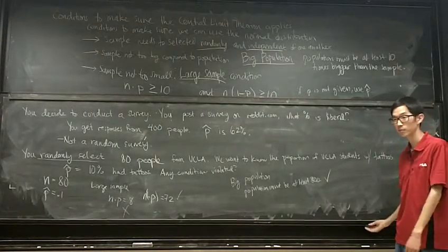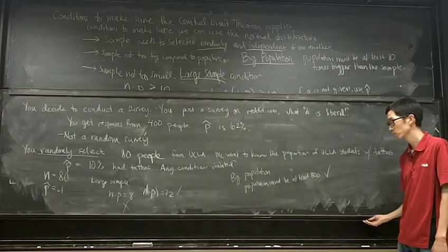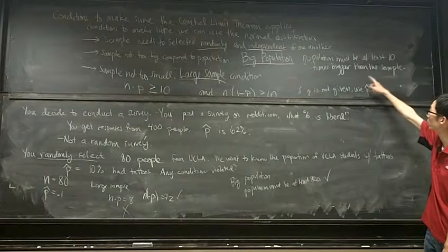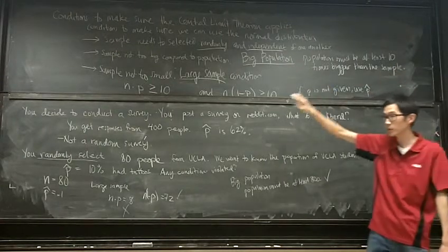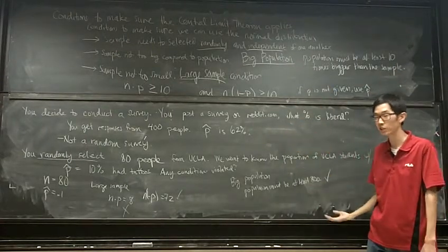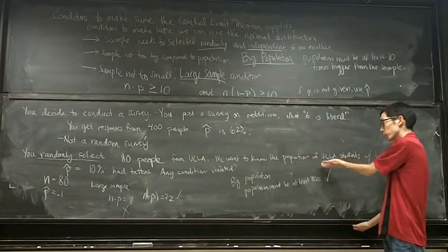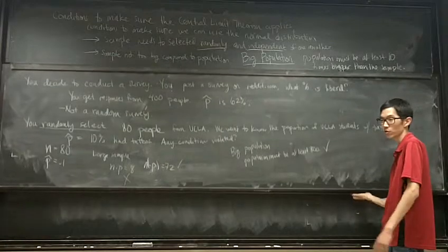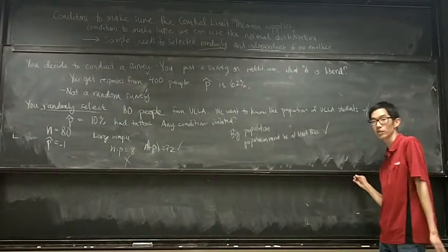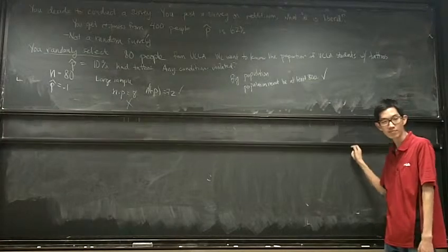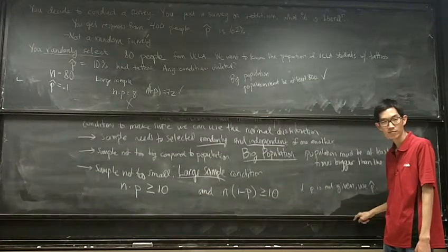And then the population must be at least 800. The big population must be at least 10 times bigger than the sample. My sample is 80, 80 times 10 is 800. So is the population at least 800? In this case, all of UCLA students. Which condition is the one for n times 1 minus p?